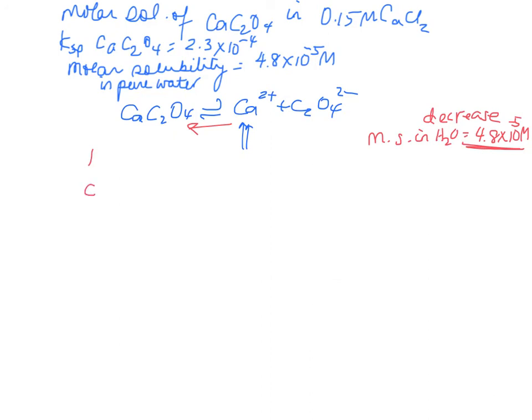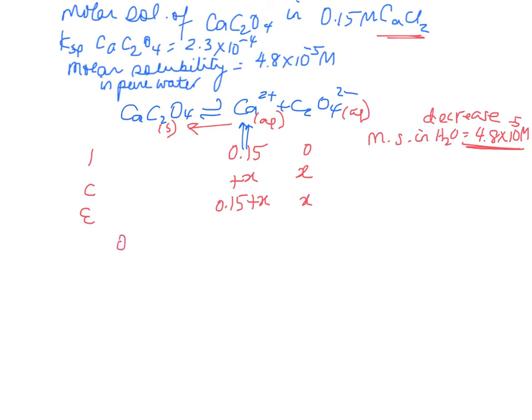Now, if you had to set up the ICE for this case, of course, calcium oxalate is your solid and your aqueous are with calcium and the oxalate. Since calcium chloride is going to completely dissociate, your initial concentration of calcium is 0.15. There is no oxalate in the system. X moles of each of calcium and oxalate are present, and that would mean 0.15 plus X times X is going to give you the Ksp.